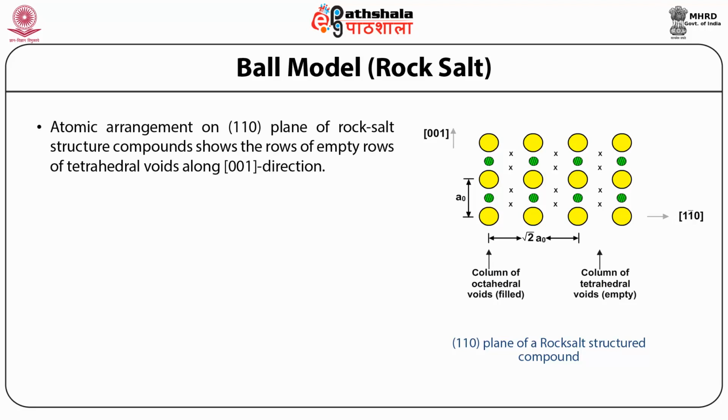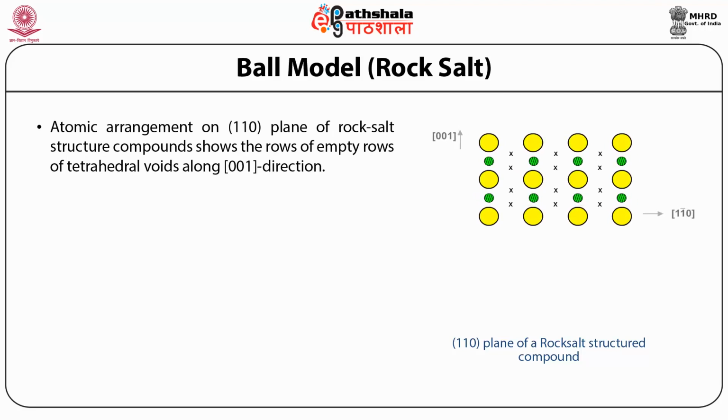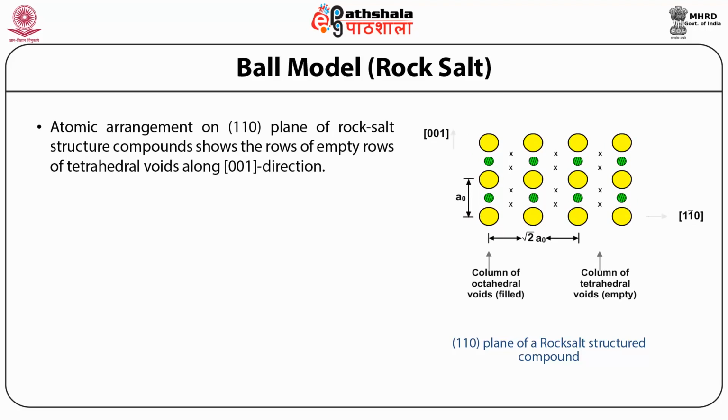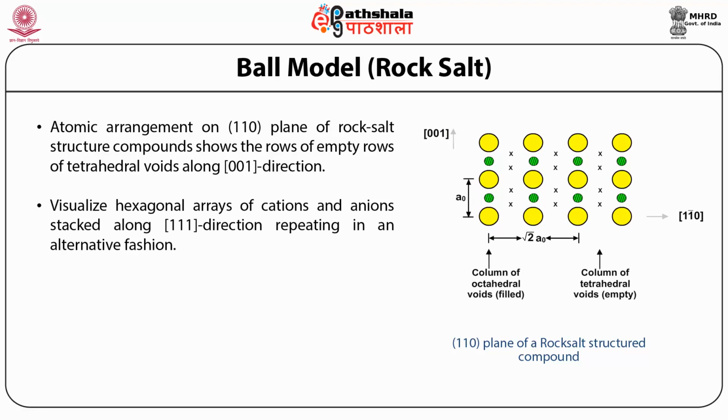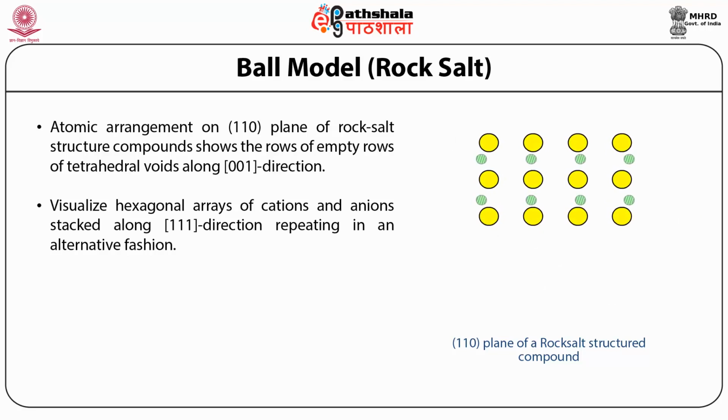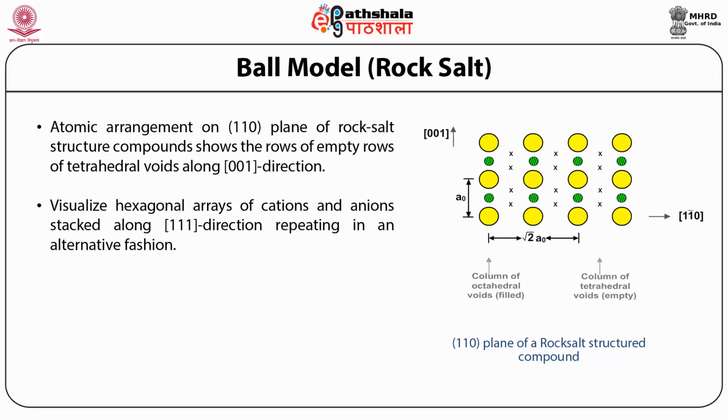The atomic arrangement of the 110 plane of rock salt structure compounds shows the empty rows of tetrahedral voids along the direction 001. Then we visualize the hexagonal arrays of cations and anions stacked along the 111 direction, repeating in an alternative fashion. Now next come the fluorite and antifluorite structures.